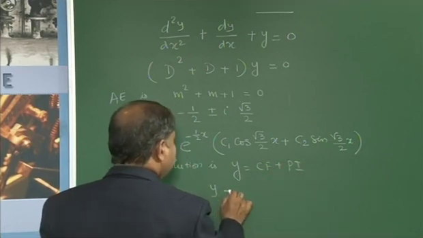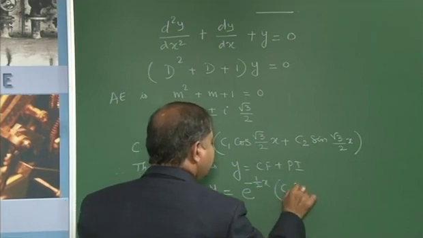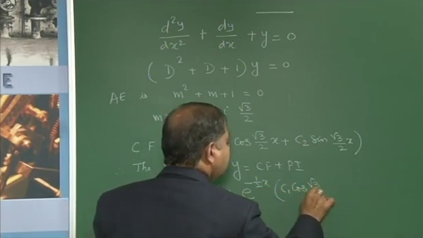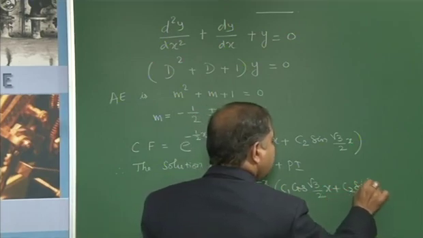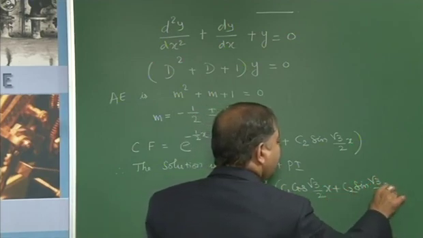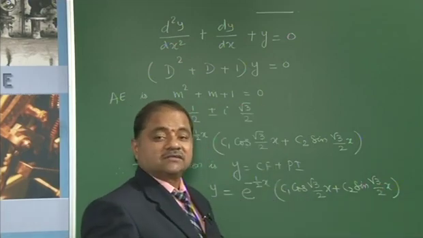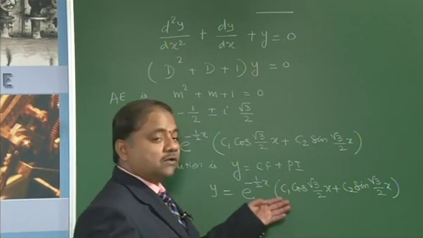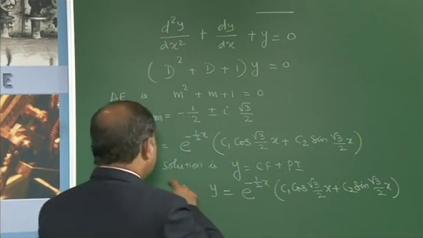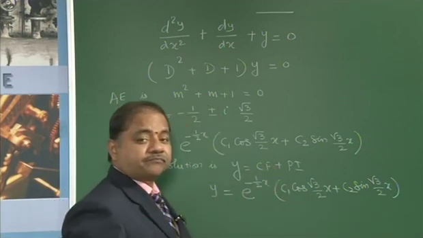No PI, so my CF itself is going to be the solution of this equation: e power minus 1 by 2 x, c1 cos root 3 by 2 x plus c2 sin root 3 by 2 x. This is very important: you have to write the solution, then the answer.